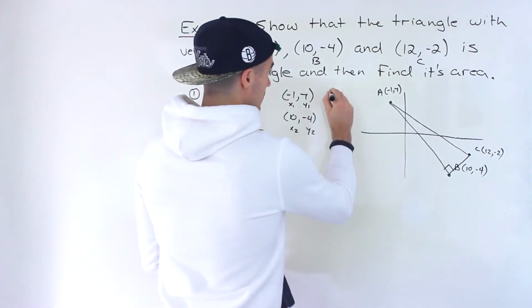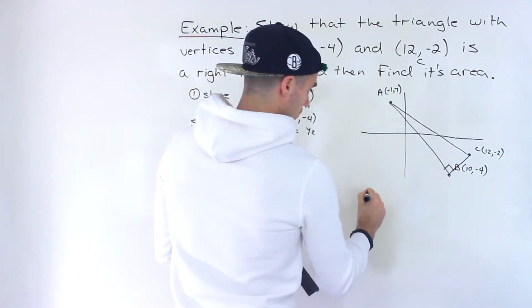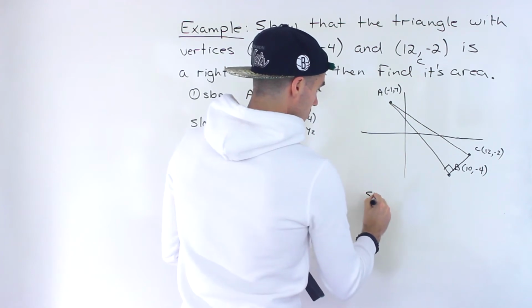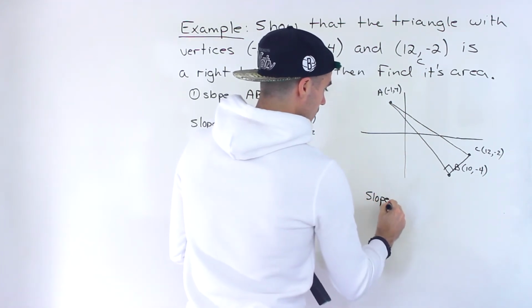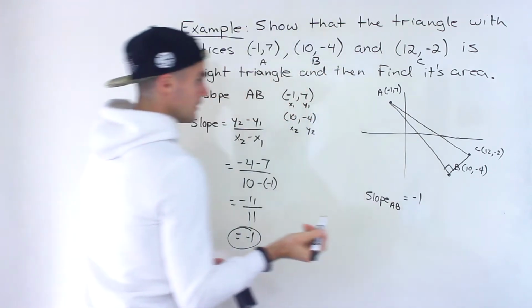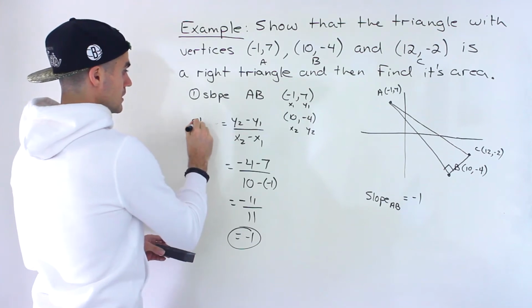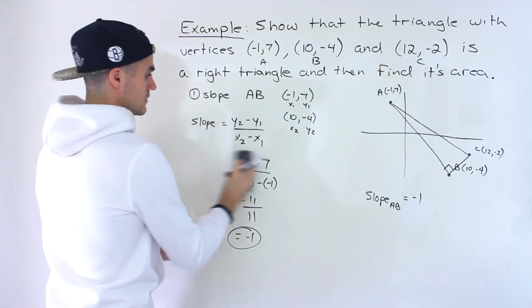Right, so the slope of AB is equal to -1. Now I'm going to keep this general formula.